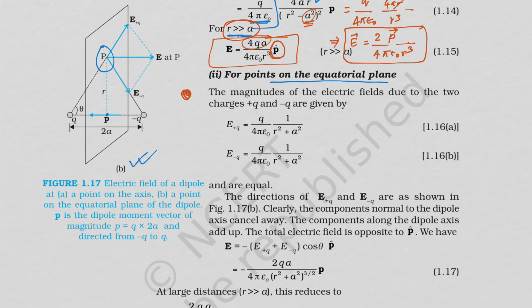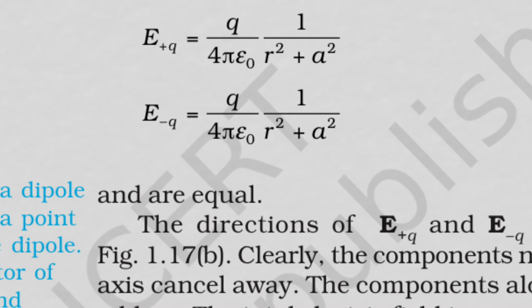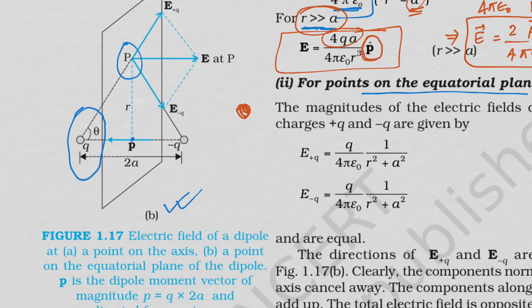At this point, due to the positive charge, the electric field is radially outward. And the electric field due to the negative charge at the point P is radially inward.